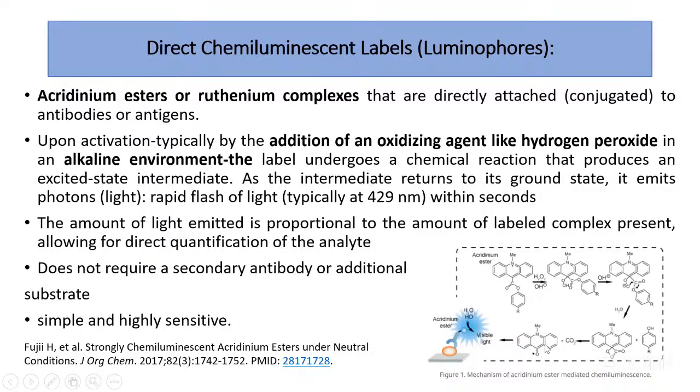When they come back to their normal state, with a lot of electron exchange and other chemistry, they release the energy as light, a rapid flash, generally at 420 nanometers, within seconds. This is how a direct chemiluminescence assay works in an alkaline environment in the presence of hydrogen peroxide. It is good because it doesn't require any secondary antibody or additional substrate, and it is highly sensitive and simple. We will see it used in other assays also.